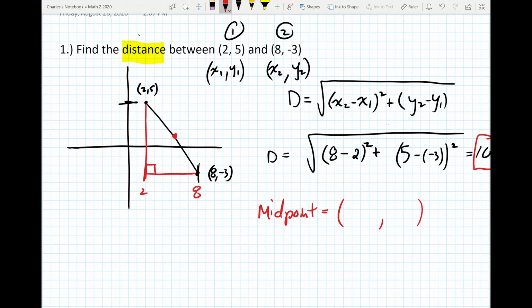The middle of them is when I go half of 6, which is 3. So if I put a dot right there, that's 1, 2, 3 spaces from 2, and it's also 1, 2, 3 spaces from 8. If I do the same thing on the y-axis, I'm going from 5, 1, 2, 3, 4, 5, 6, 7, 8. 8 spaces there, so I'm going to go 1, 2, 3, 4.